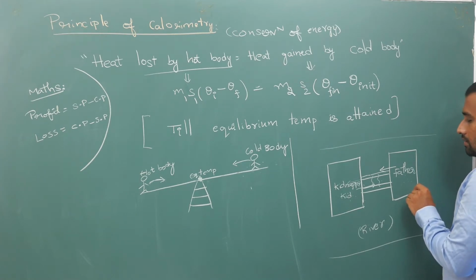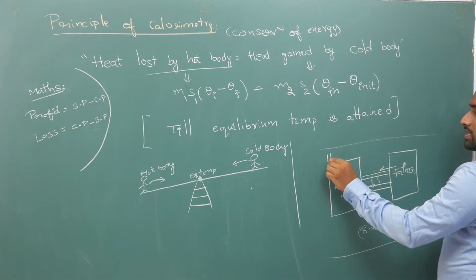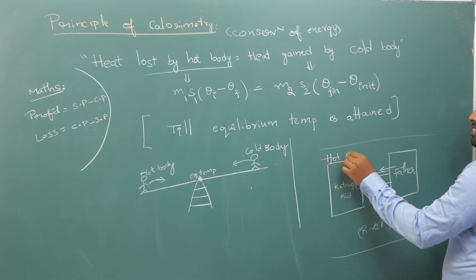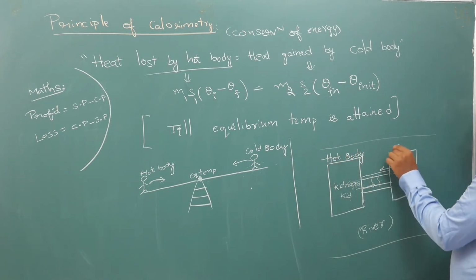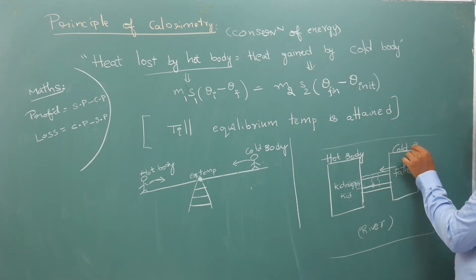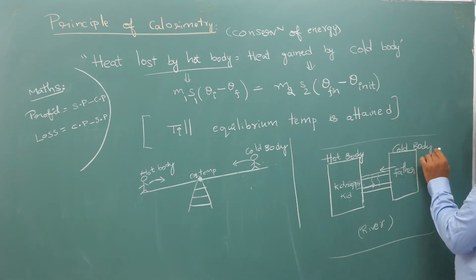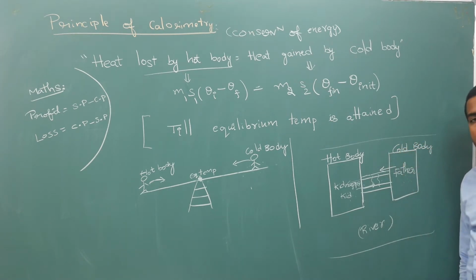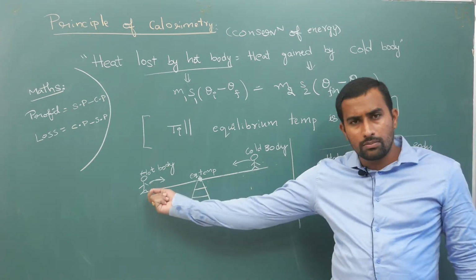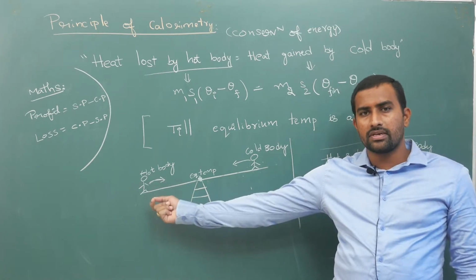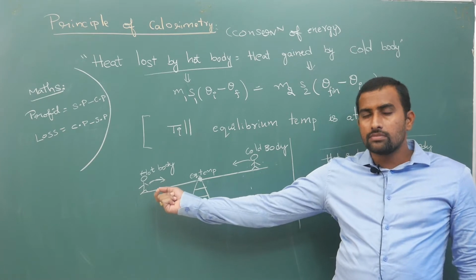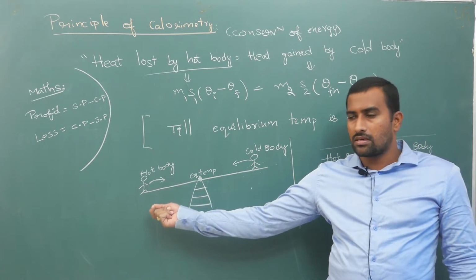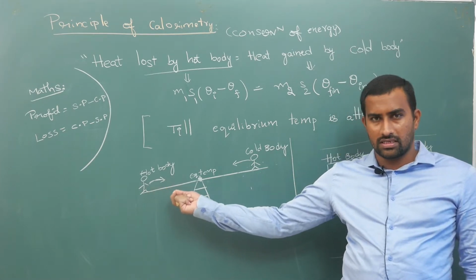What does this mean? You can assume this to be your hot body and this to be your cold body. My point is, your hot body, because of its high temperature, when it comes in contact with the low temperature body, starts giving out energy.